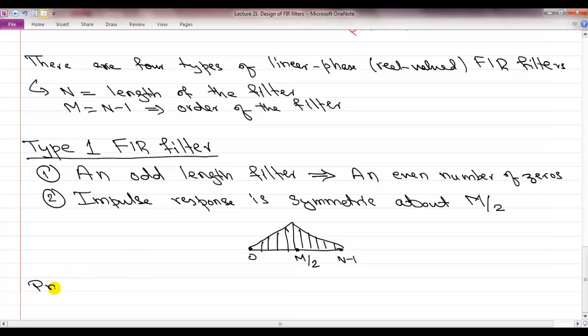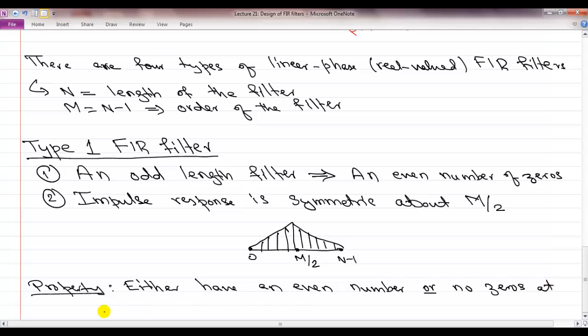One of the main properties of the type 1 filter is that the zeros of a type 1 filter are pretty unrestrictive. It can have either an even number of zeros or no zeros at z equal to 1 and/or at z equal to minus 1.